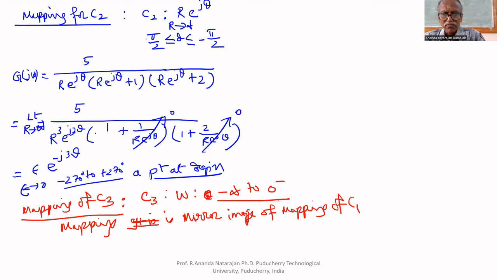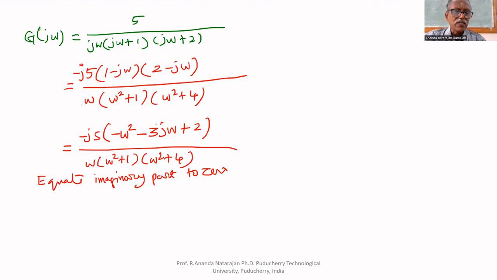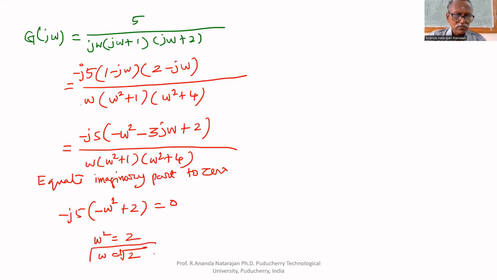That's why we take the imaginary part out and equate it to 0: minus omega square plus 2 equal to 0, or omega square equal to 2, or omega equal to plus or minus root 2.